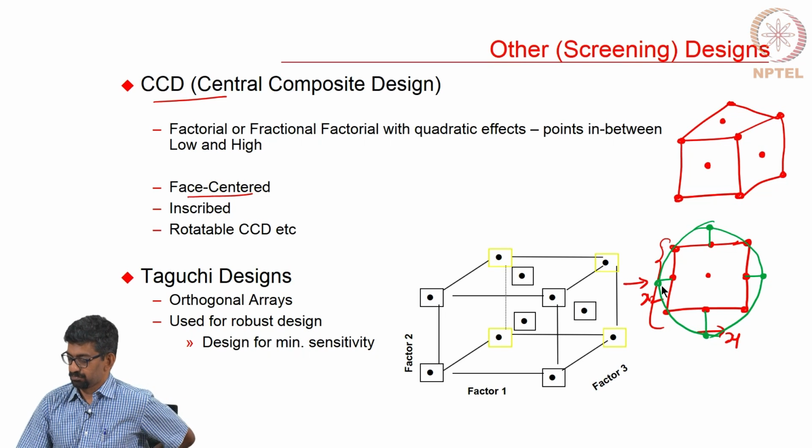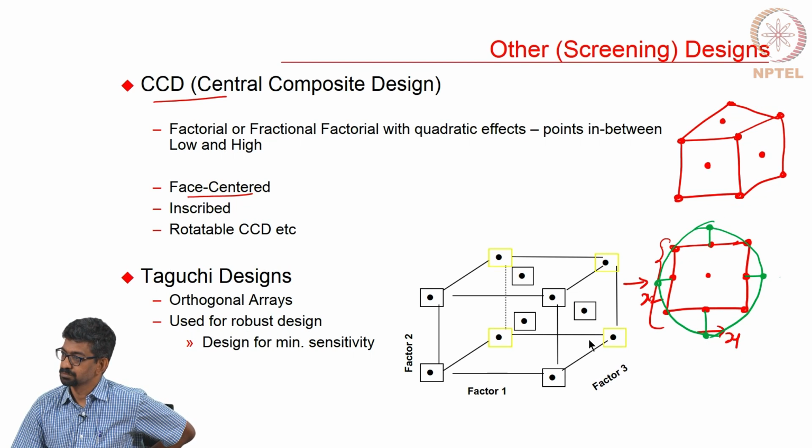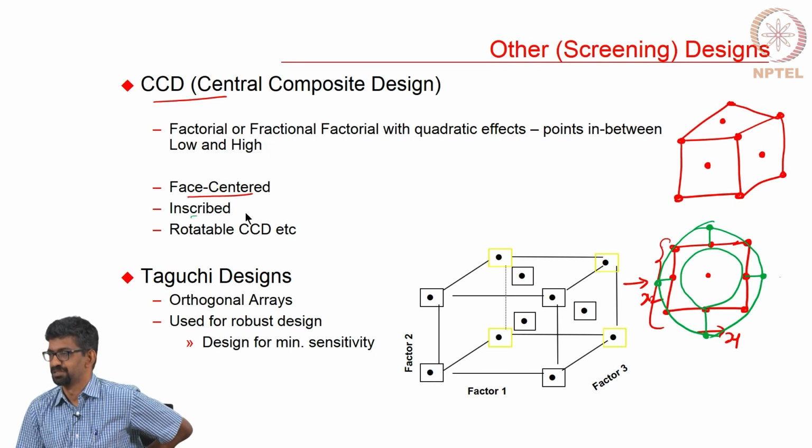You might still lose information with respect to this particular dimension, but at least from this dimension you get additional information. But doesn't that go out of bounds? You chose the levels as -1. Oh, if that is your problem, you can do it this way also. That is what an inscribed circle is.